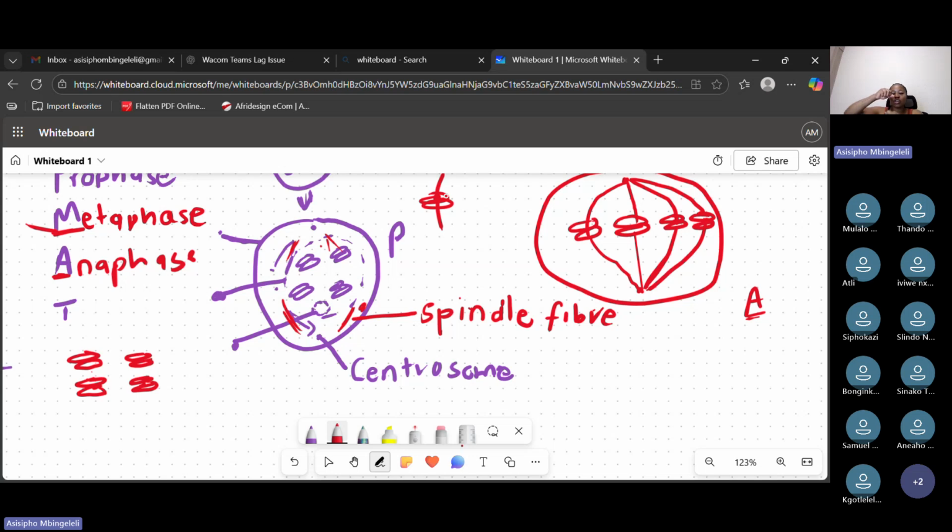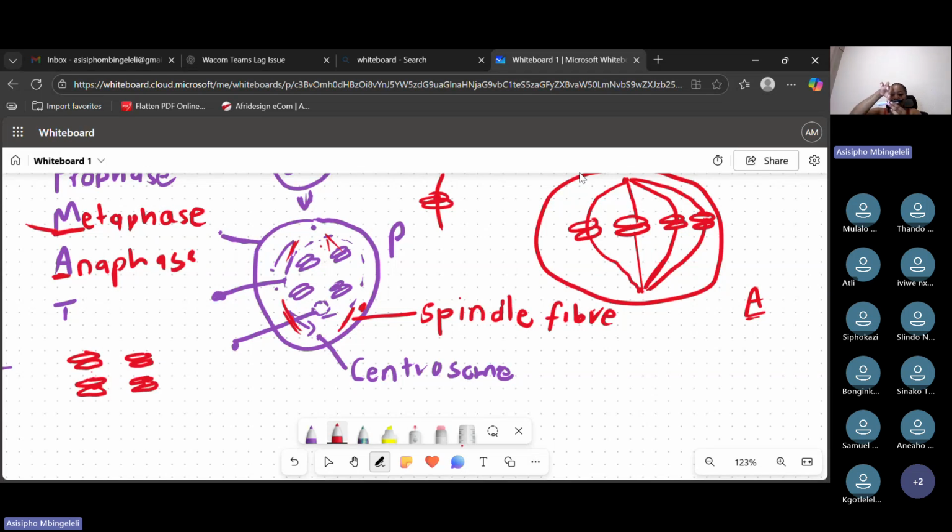Now, when they contract, they will contract and pull chromatids to opposite poles. Terminology is changing. So when they contract, the centromere is going to split. Whatever is keeping the chromatids together is going to split. And when that happens, the chromatids are no longer together in order for us to call them a chromosome.